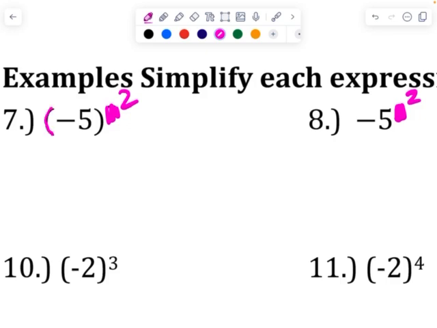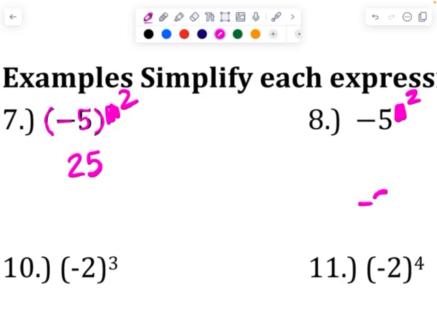So parenthesis, -5, and parenthesis, and then caret 2. Hopefully you get +25. Now, number 8, I'd like you to plug this into your calculator exactly as you see it. -5 to the second power.